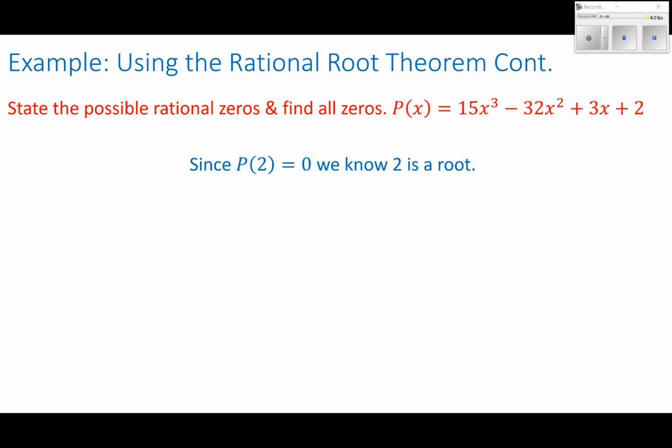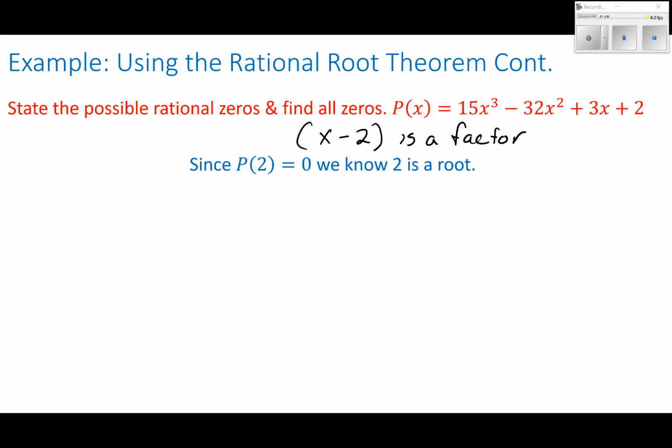So we know 2 is a root. So I can also build on this and say, I know x minus 2 is a factor. So this is pulling together stuff we were doing back even in chapter 4. We would factor it out into a binomial. We would solve to figure out where my binomial equals 0.